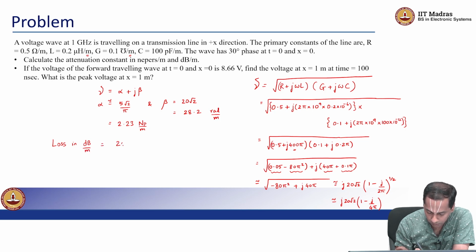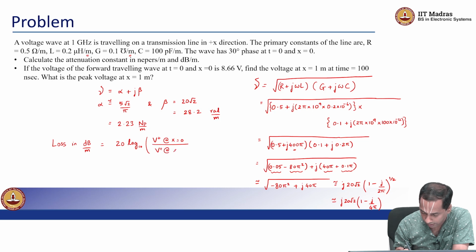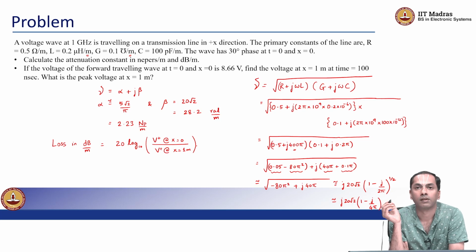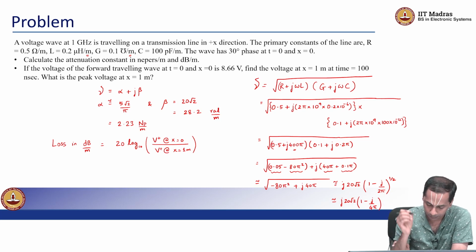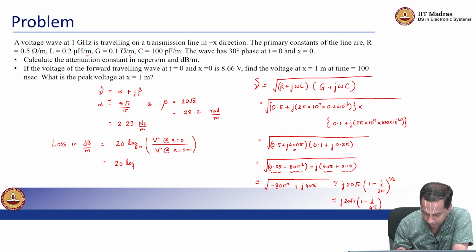I have to do 20 log to the base 10 of the voltage at say x equals 0 to the voltage at x equals 1, right. So all you have to do is 20 log to the base 10 of this. Essentially it turns out to be e to the alpha.